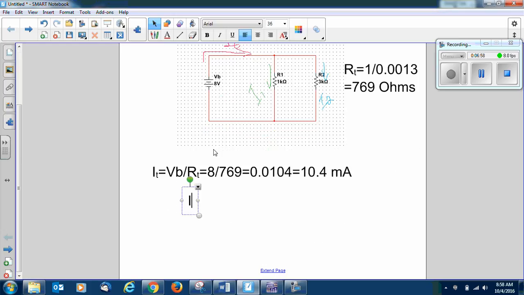So I total is just I1 plus I2 in this case.